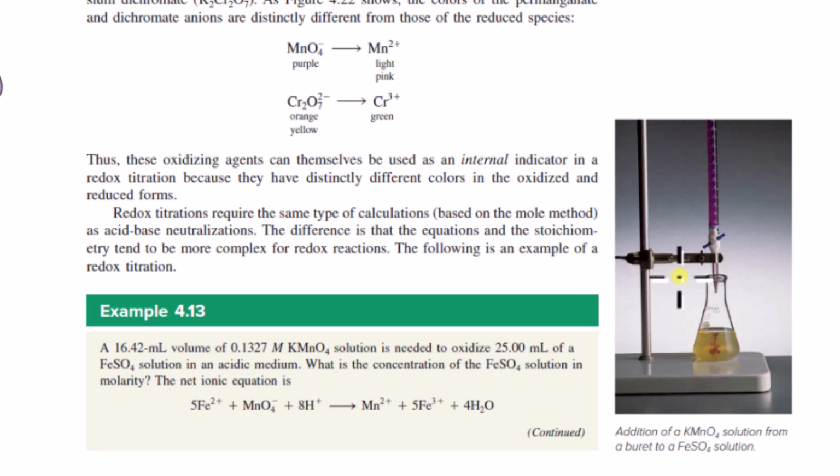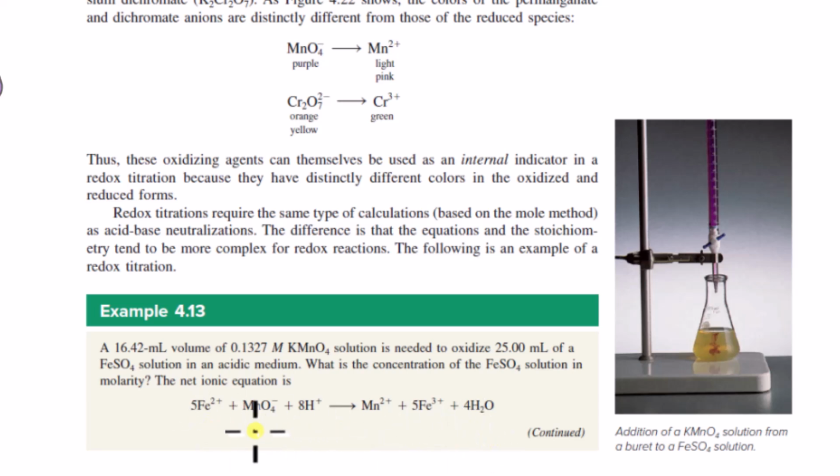Okay, and so again, at the start of the titration, when you begin adding the standard potassium permanganate solution in the burette into the unknown iron 2 sulfate acidic environment solution, all of these dissolved ions interact and a chemical reaction takes place with the balanced net ionic equation for this chemical reaction shown here.